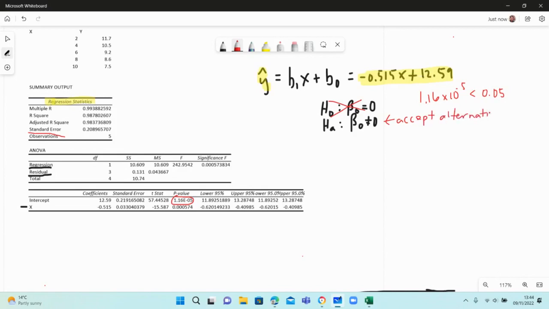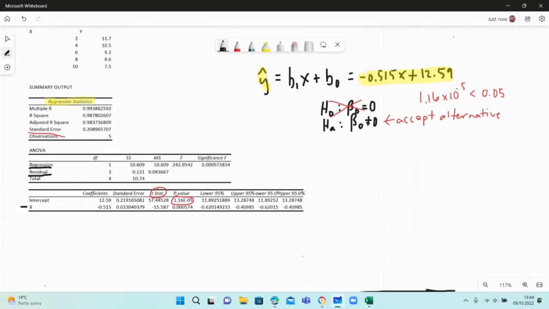And so from here, we are saying that the coefficient of our constant in our regression model is actually not equal to 0. Now, it's quite interesting to note that we could also do the testing by obtaining the t-statistic for this part of the summary output.